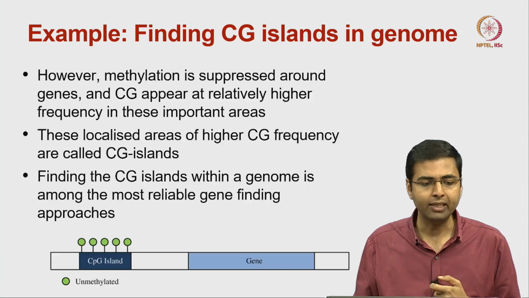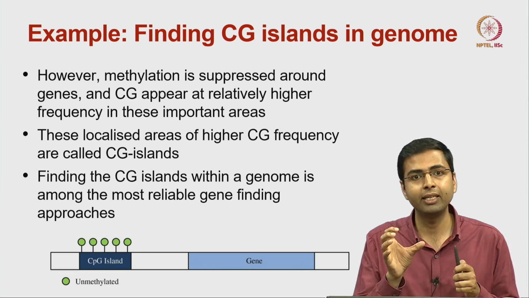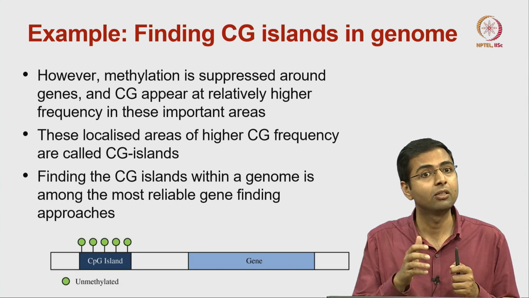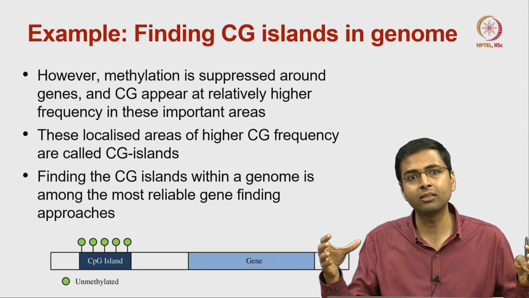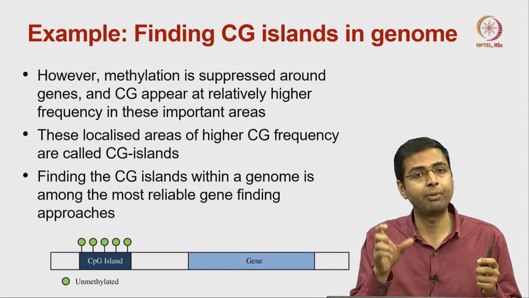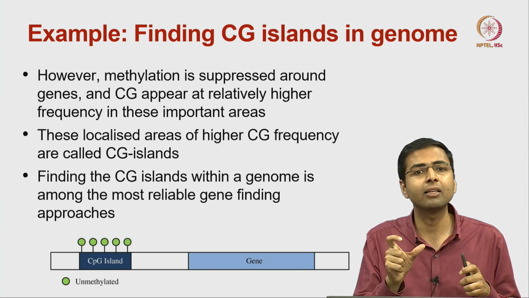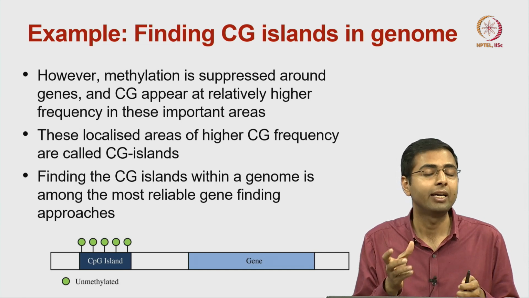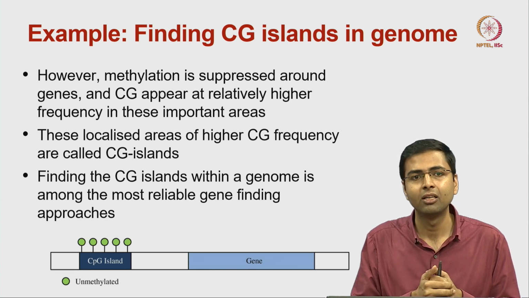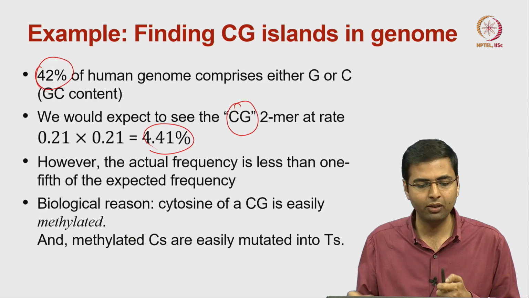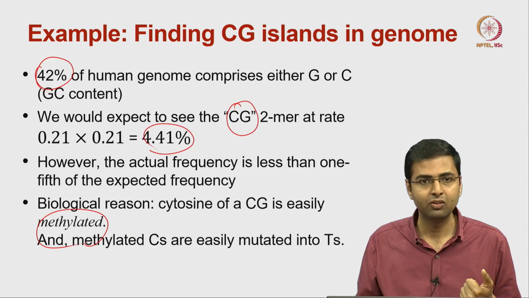Now, given this context, it turns out that the methylation phenomenon is suppressed around genes. So, wherever we have genes in the entire genome sequence, in the surrounding regions the methylation is suppressed, and there CG appears at a relatively higher frequency because the methylation issue does not occur around the gene sequences.